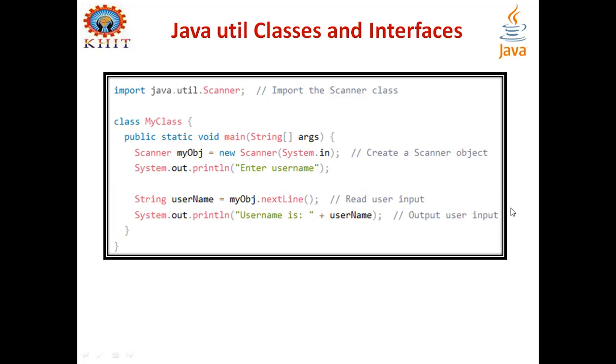So here it is. This one is user input. I'm using this Scanner class object, myObject dot, invoking this nextLine method of the Scanner class to read a string from the keyboard and store that into username. That username is a string object. So I'm displaying that username object's value.